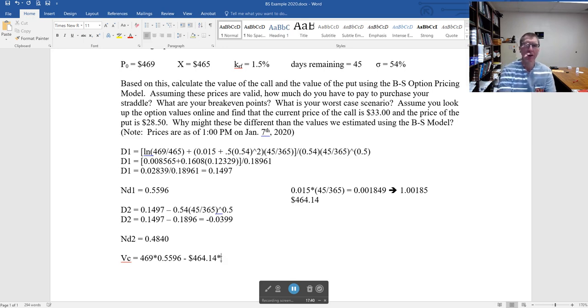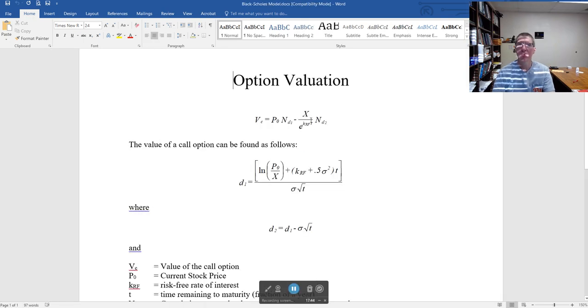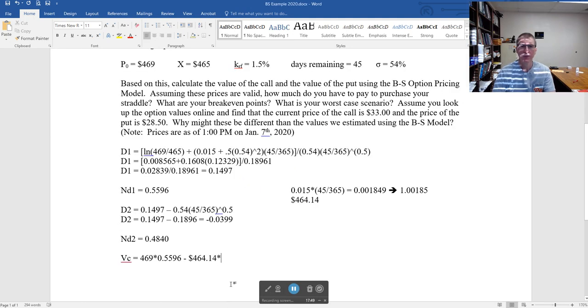I multiply that by our N(d2). Again, just flashing back to this formula here. So that is 0.4840.